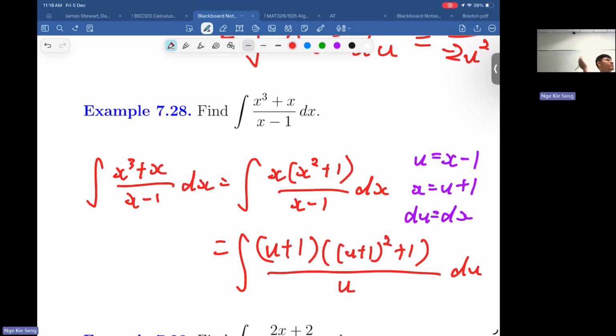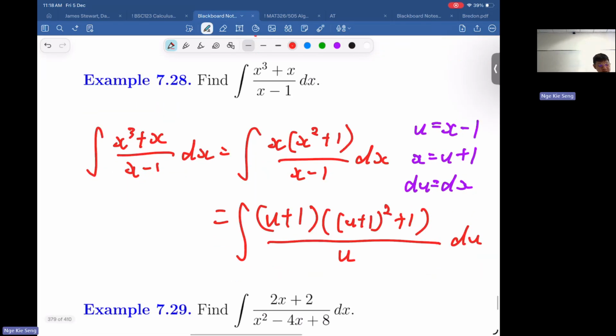Everything becomes polynomial in u. In this case, it's easy to see how to cancel, because x minus 1 surely cannot cancel with x. But now there's a bunch of u and then over u, so you just cancel with u. So what do we get here?